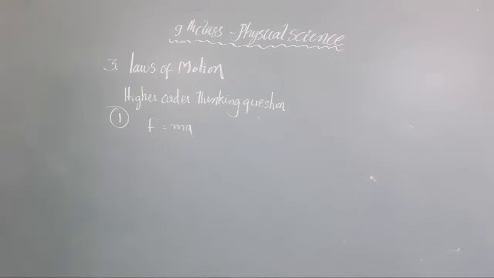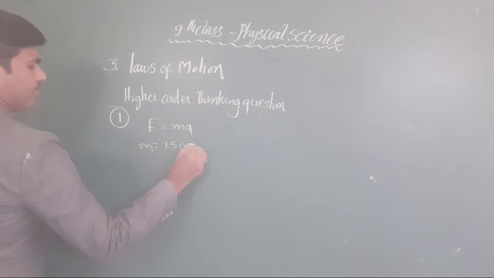Here M is given as how much? M is equal to 1500. You know very well, 1500 is given for us. Now there is a variable.